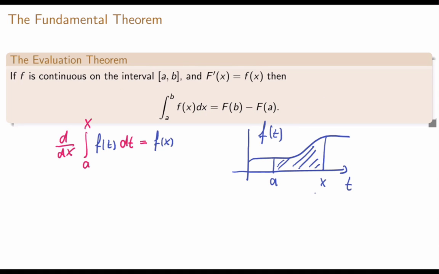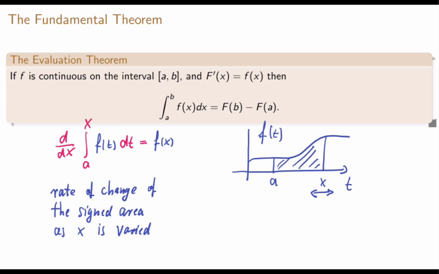But now what happens when I vary x, right? I can make x bigger or smaller. And if I make x bigger in this picture, then the area will become bigger. If I make it smaller, the area will become smaller. So we can ask about the rate of change of the integral if I vary x. Let me write this down. So the rate of change of the signed area as x is varied.